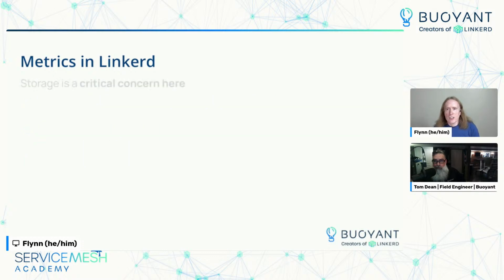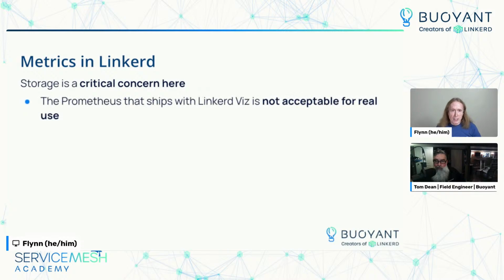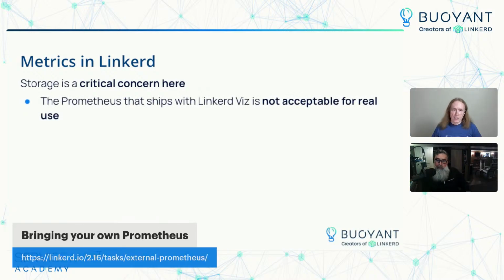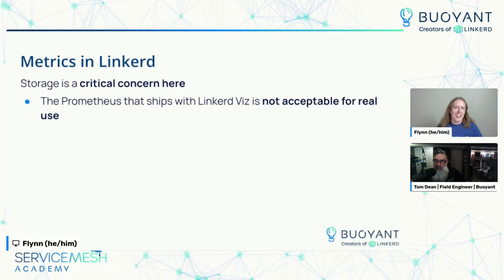The other thing I should point out here is storage. When you install Linkerd Viz, you will get a Prometheus installed with it, unless you follow the instructions on bringing your own Prometheus.